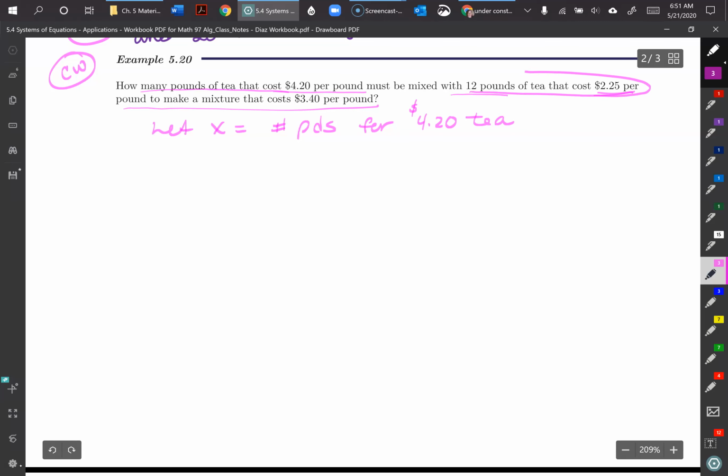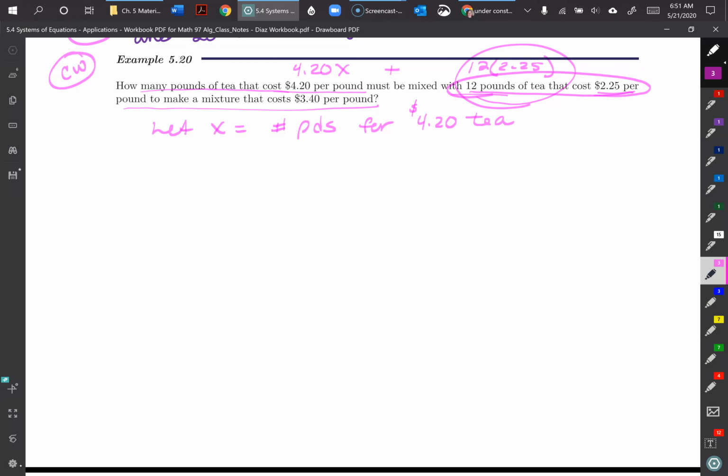So we have all of this already. This is going to be like our 4.20x plus we have the 12 times the 2.25, which is the value of the cheaper tea.